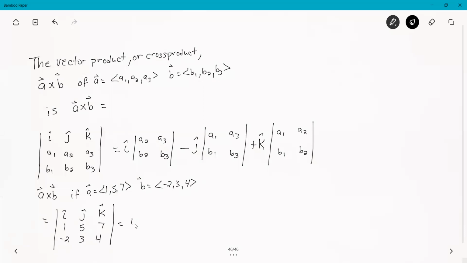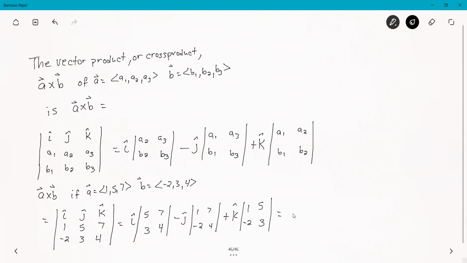All right, so we have I hat. Now you could put the I hat over here or out front. I'm just doing it out front for these first few problems. Usually I do it afterward. So this is going to be 5, 3, 7, 4, and then minus J hat, which is 1, -2, 7, 4, plus K hat, and this is going to be 1, -2, 5, 3.